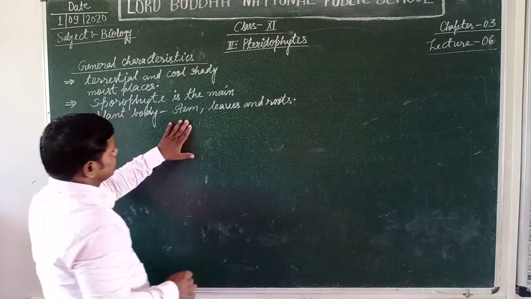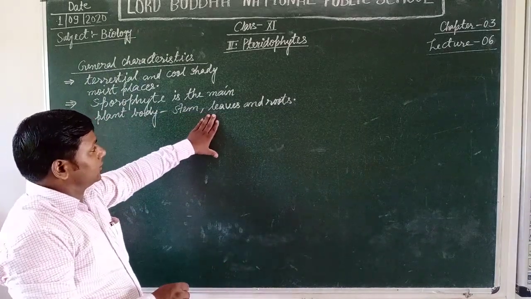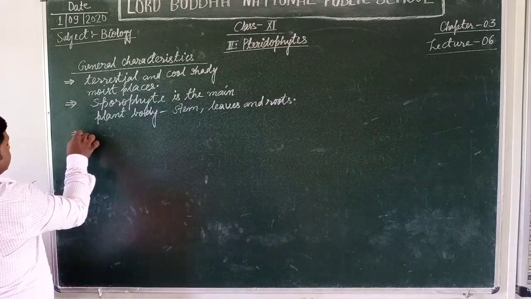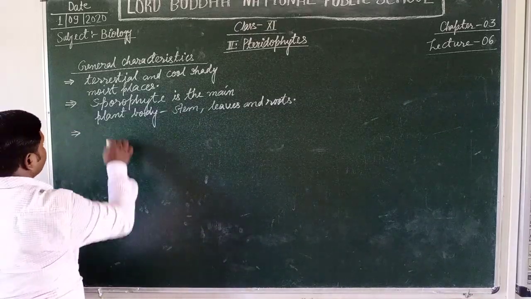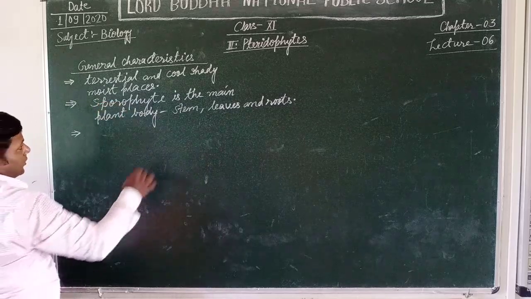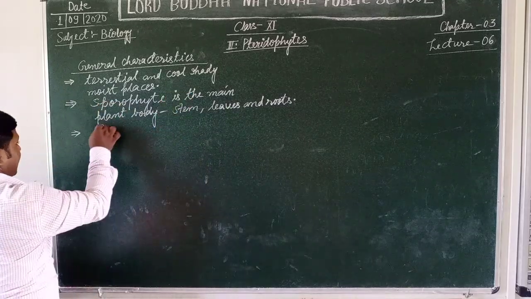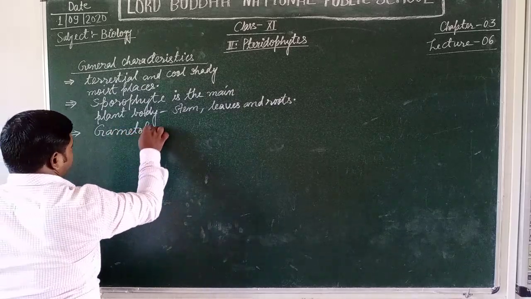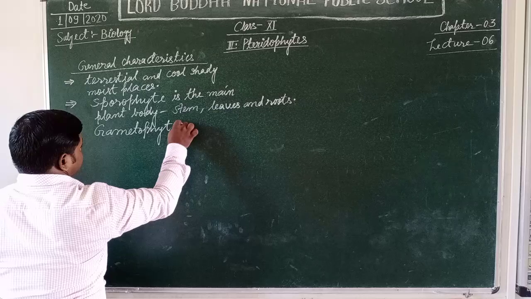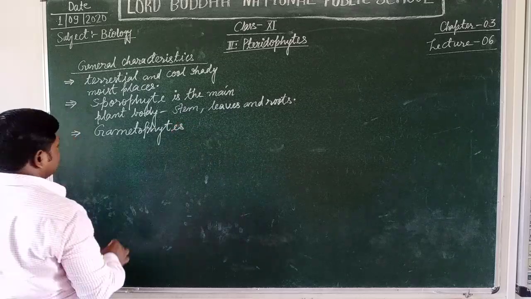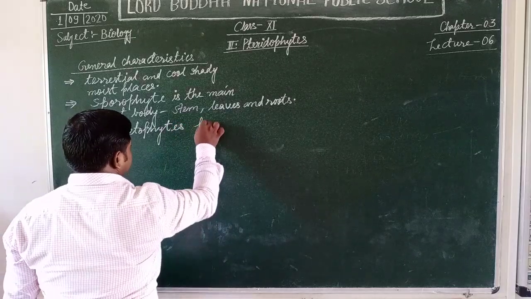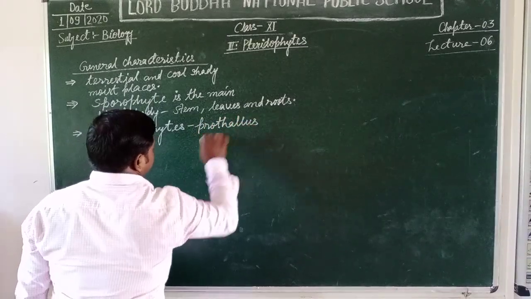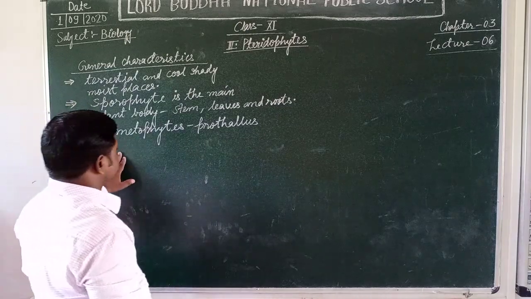Xylophytes do not possess stems. The gametophytes of the pteridophytes are small and are called prothallus.